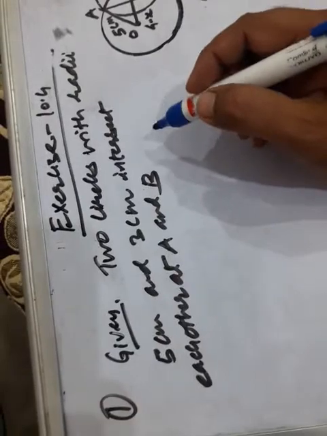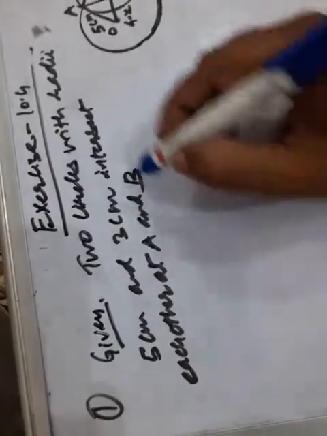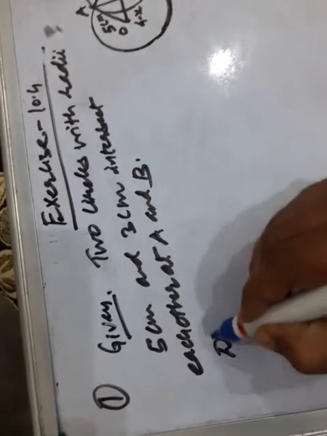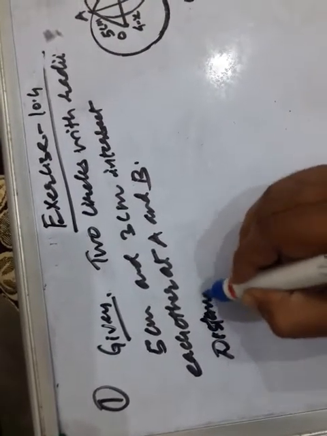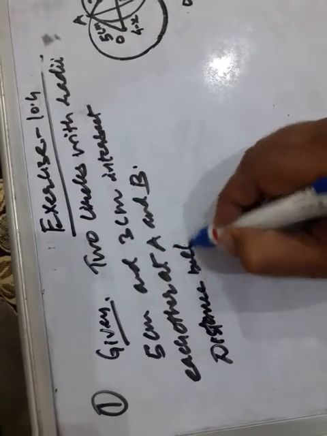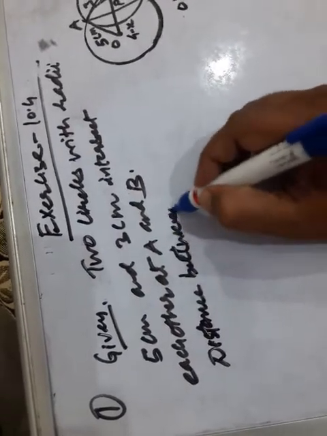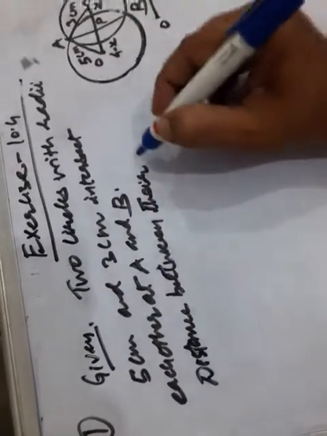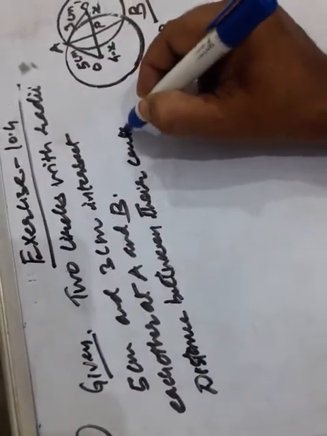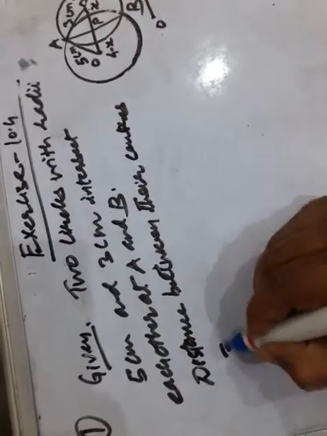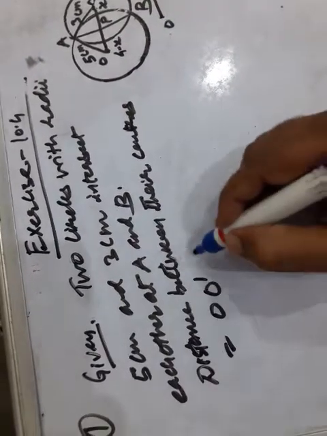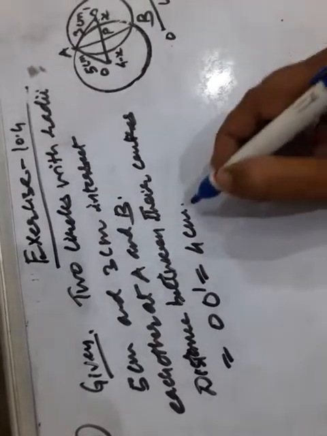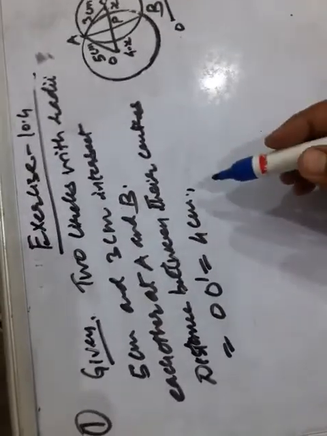The distance between their centers, OO dash, equals 4 centimeter.